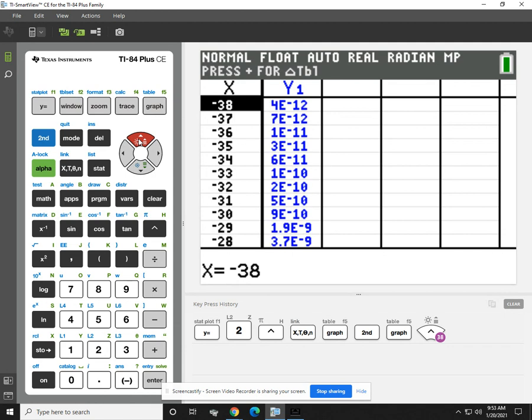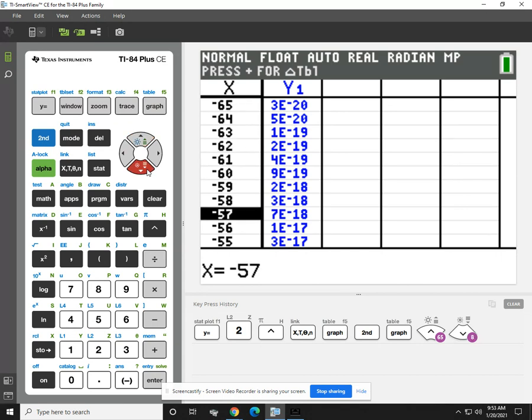These values are getting closer and closer to 0, but it'll never cross the x-axis. So, therefore, my horizontal asymptote here is y equals 0.